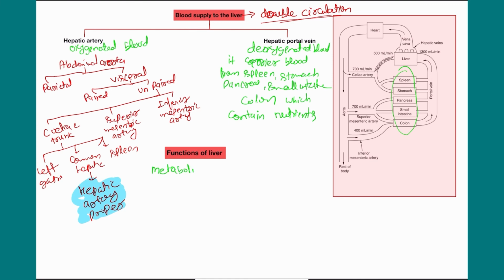In metabolism, the liver metabolizes proteins, carbohydrates, and it also helps the conversion of T4 into T3. So that is metabolism.